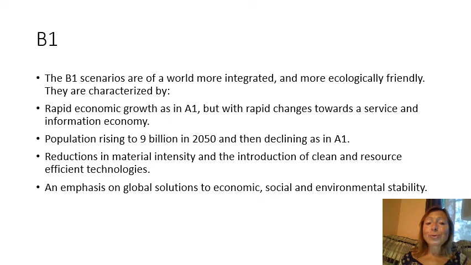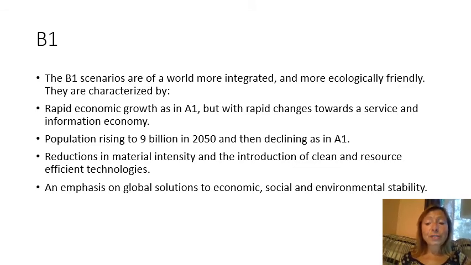Here we see also rapid economic growth, just as in A1, but this is the growth which is more driven by sustainable technologies. And it's also the scenario with faster transition to service economy and information economy, with more transfer of information and knowledge and technology around the world, also with more integration.